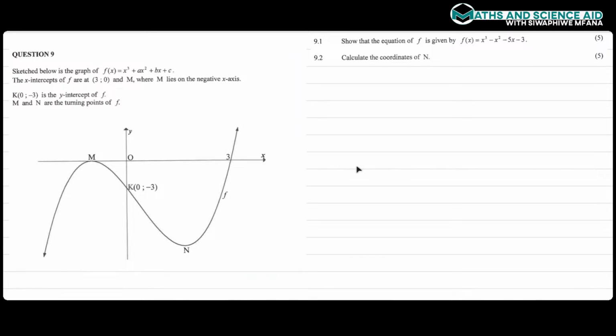And for those who have watched the very previous live session, you'll recall that there was a question similar to this that we did there. And similar to that question, the first problem was to work out the unknown values in the equation of that cubic polynomial, which is what we need to do for 9.1 here as well.